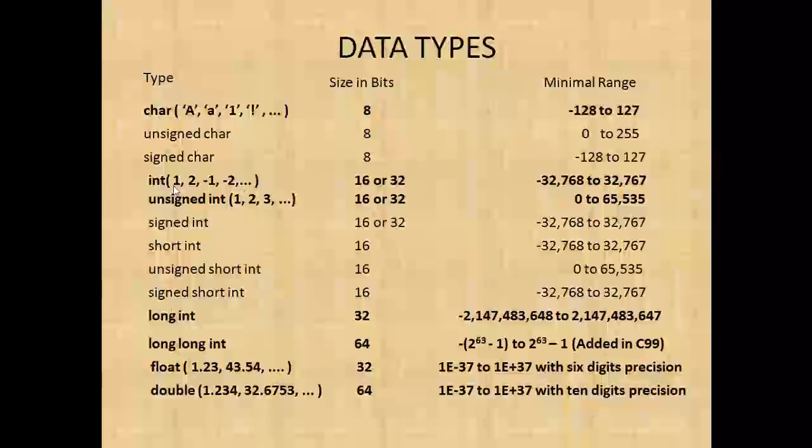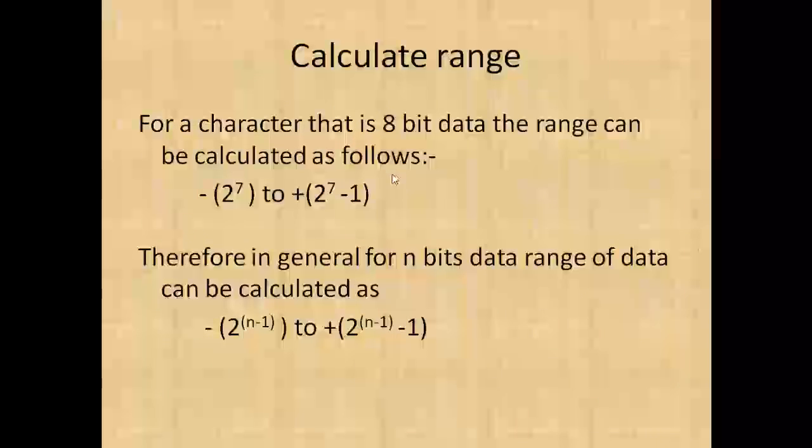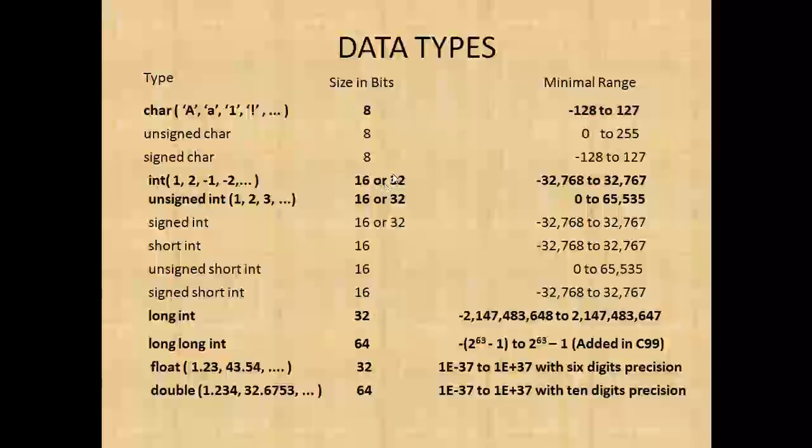This is how other types of data are also represented. Int is for integer, like 0, 1, 2, -1, -2 and so on. I have written here the size in bits as 16 or 32, as it depends on the type of compiler. We are using Dev C++, which represents integer data in 32-bit format, but some, like Turbo C, represent it in 16-bit.